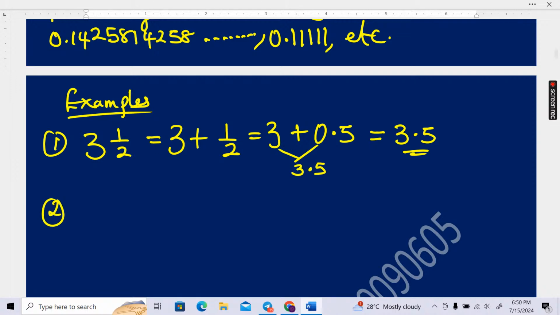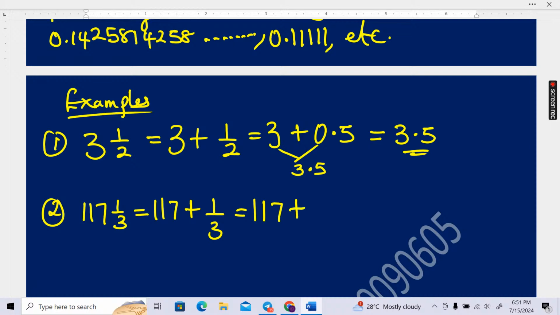Now, number 2. What if you were meant to divide something and your answer was 117 whole number 1/3? Now, that means 117 plus 1/3. Now we're going to replace 1/3 with the decimal. So that will be 117 plus 0.333, keep repeating.